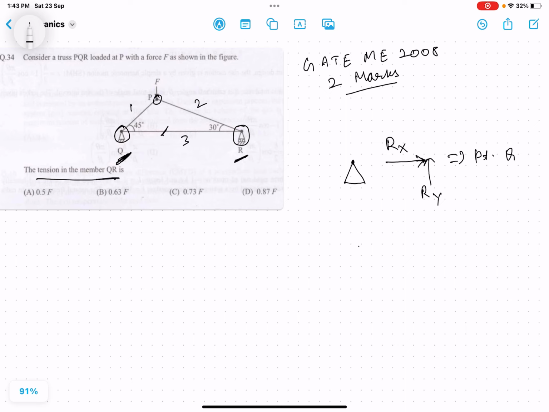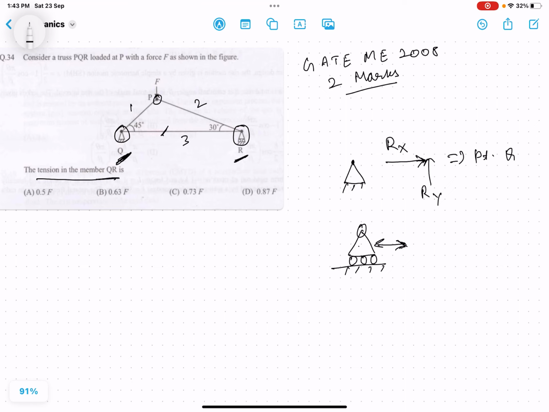Now this one is the pin joint, and now we will look into the roller joint. As you can see from the figure, it can move freely in this direction. So we can say that it will not give any resistance in this x direction.